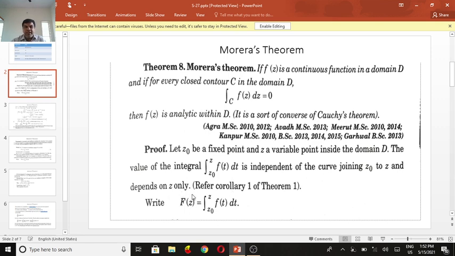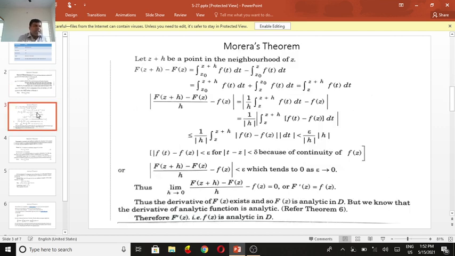So we write F(z) equal to the integral from z0 to z of f(t) dt, which is independent of the path joining the point z0 to z. Now I am going to take a point.